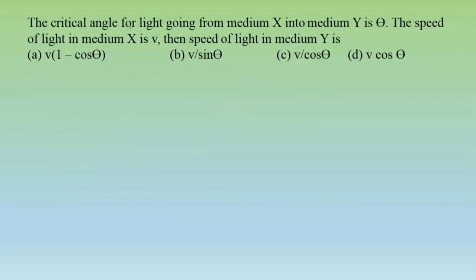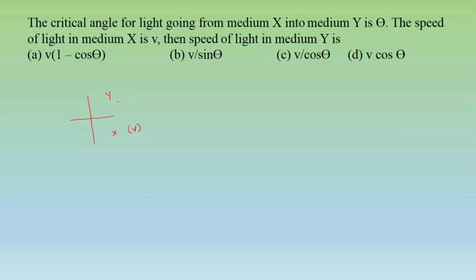The critical angle for light going from medium X into medium Y is theta. The speed of light in medium X is V, then the speed of light in medium Y is? Let us consider this is the interface which separates two media. The first medium is X, the second medium is Y. The speed of light in the first medium is V, and the speed of light in medium Y we have to calculate.